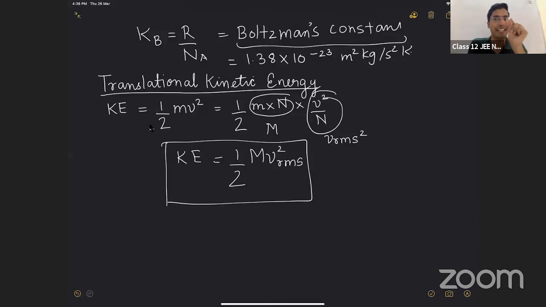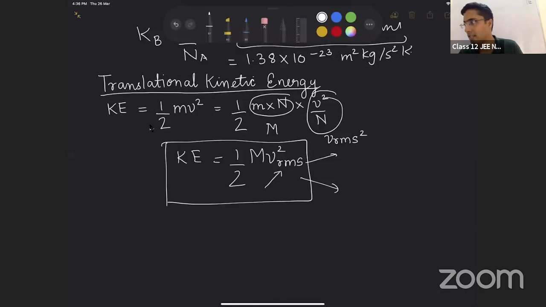You don't need the individual velocities. You just compute V RMS square. Now, how do you compute V RMS square? There are two ways, which we just studied. One way is root 3P by rho, and the other is root 3RT by M naught. Using either of these will give you the total kinetic energy for a gas.